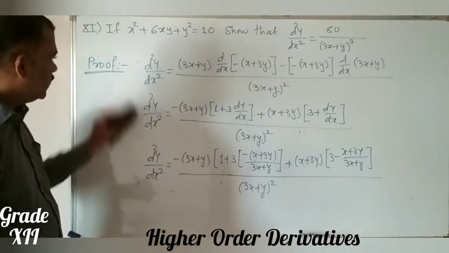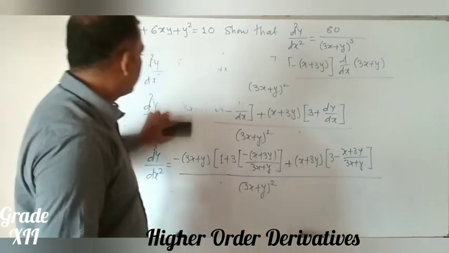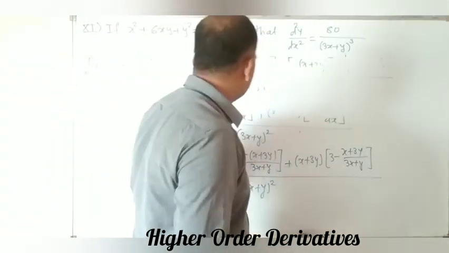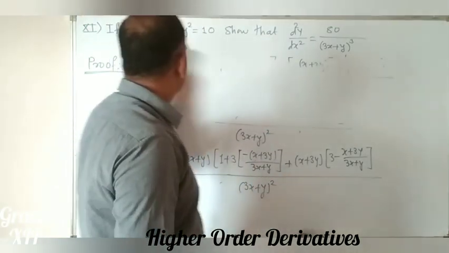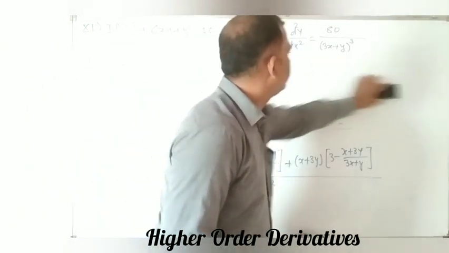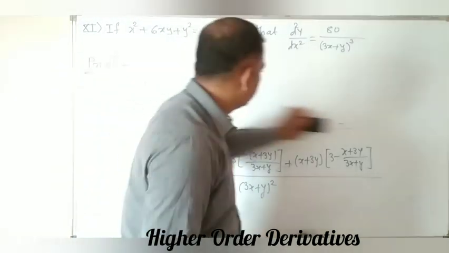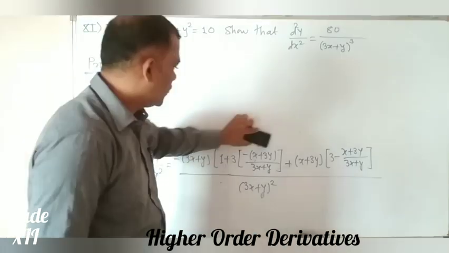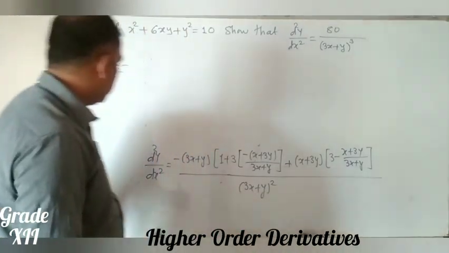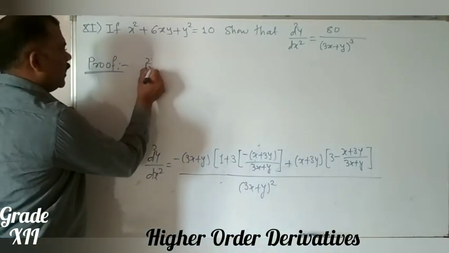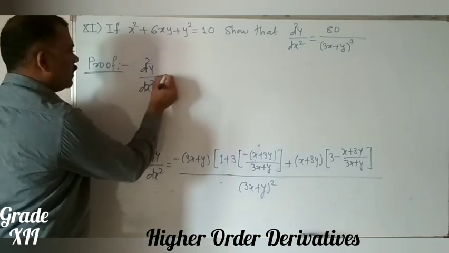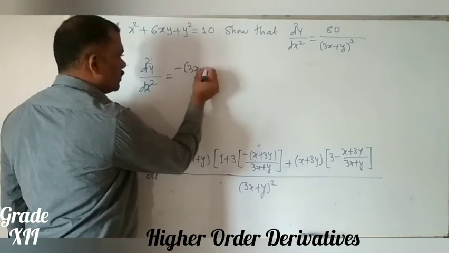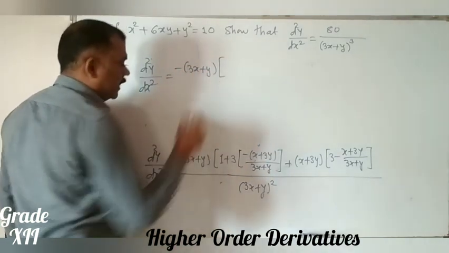Now we have to simplify this. What do we get? d2y by dx square is equal to minus (3x plus y) into bracket.